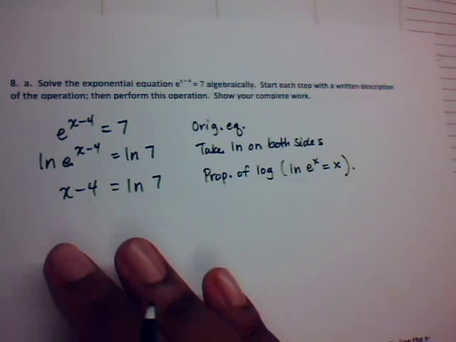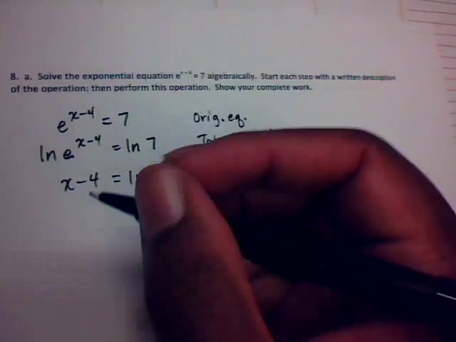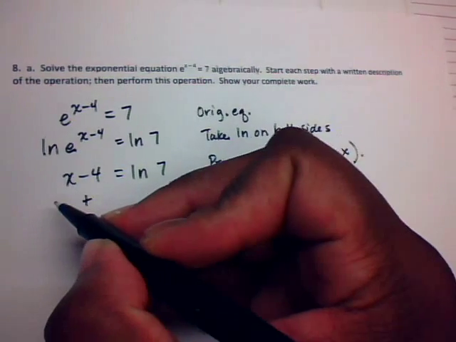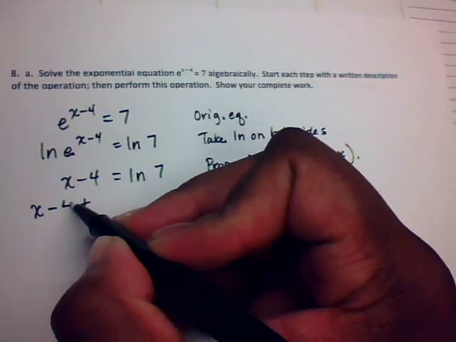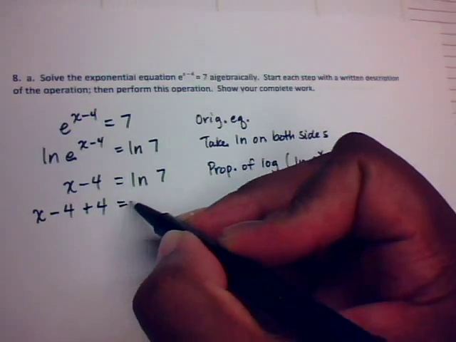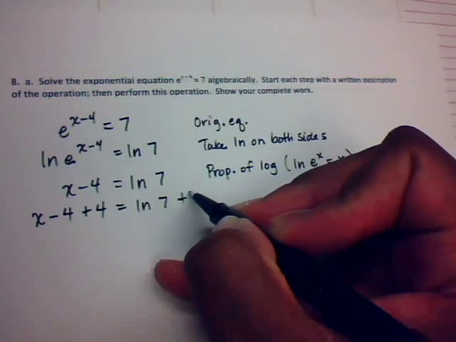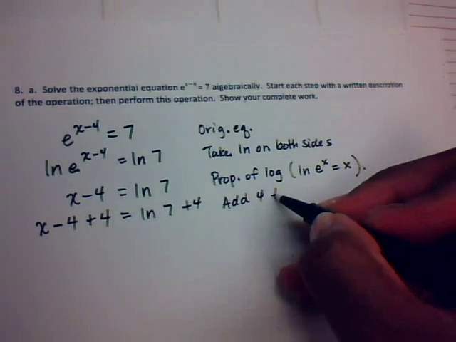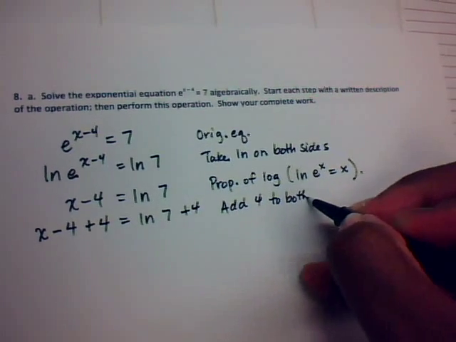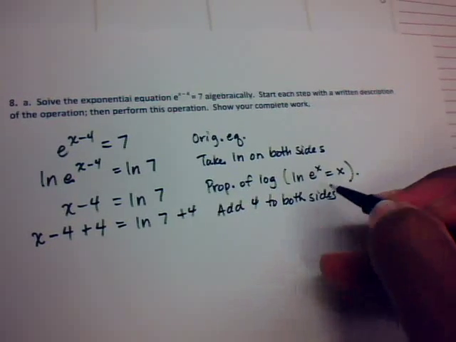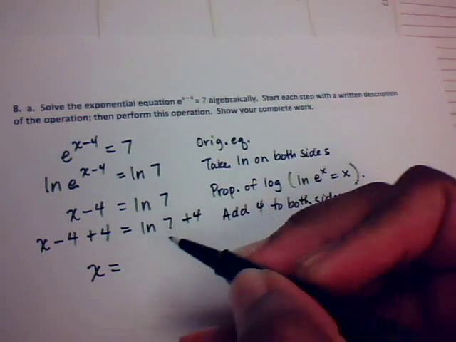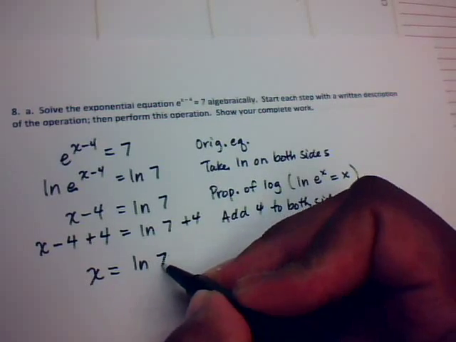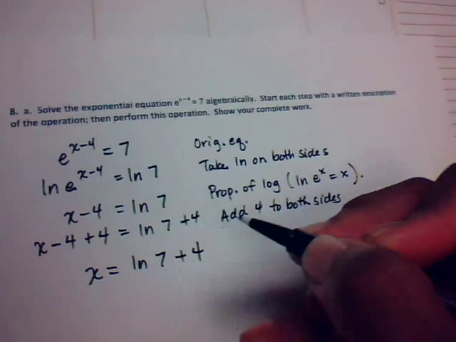Now I want to get the x by itself. I'm subtracting 4, so I need to add 4 on both sides. So what I'm doing here is adding 4 to both sides. And then you'll have x is equal to ln of 7 plus 4.